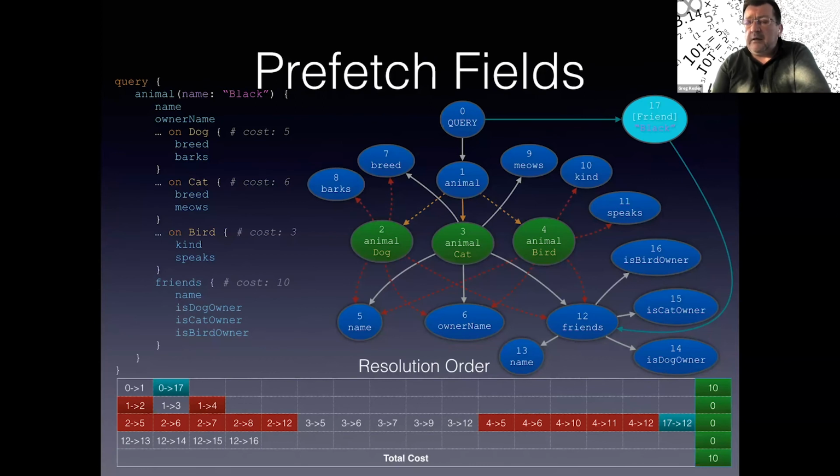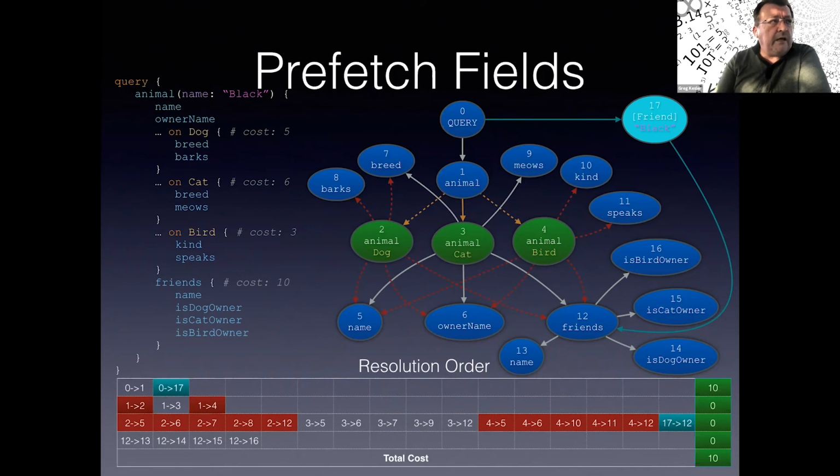So therefore, just like in the previous example, normally the field friends would be executed or resolved after the field animal is resolved, and that would produce the cost 16, as we saw during the query cost analysis slide. But we can do smarter than that.